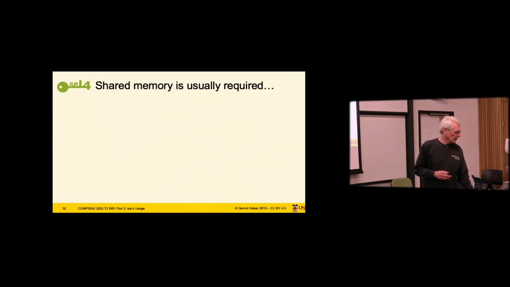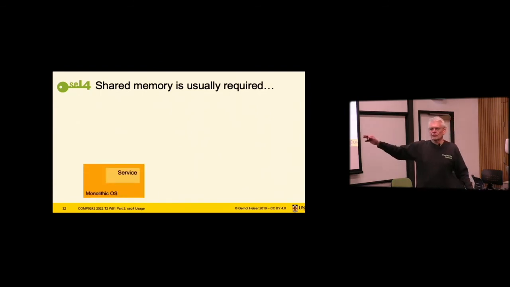And then I already mentioned that you will generally need shared memory. And this is almost certainly required just to be able to use a POSIX-like file system API, for example. If you think of a monolithic OS like Linux, then the kernel has access to everything, and all the services are in the kernel.